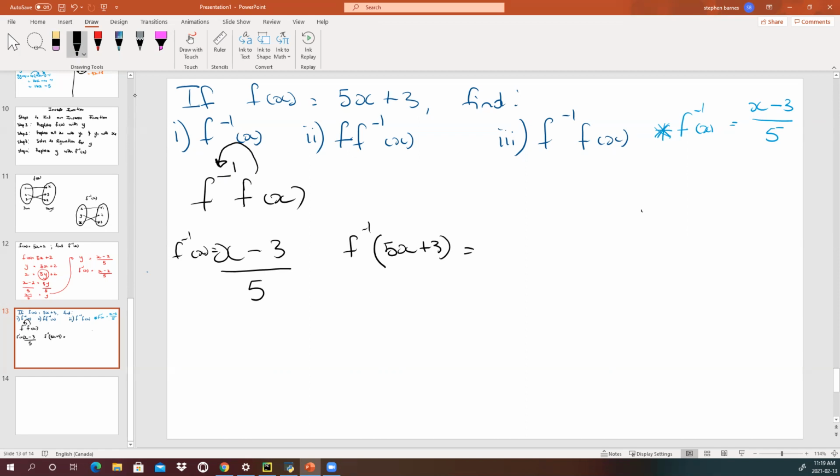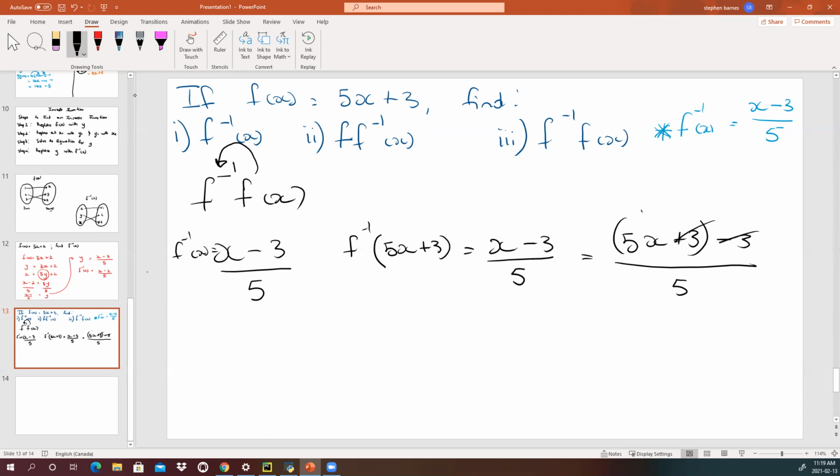So let's do that. The inverse function is x minus 3 over 5. And if we're going to put in 5x plus 3 here, it's going to be 5x plus 3 minus 3. So this would be in brackets here. This is the f function that you're substituting here. And that goes over 5. Then you would end up with plus 3 minus 3.